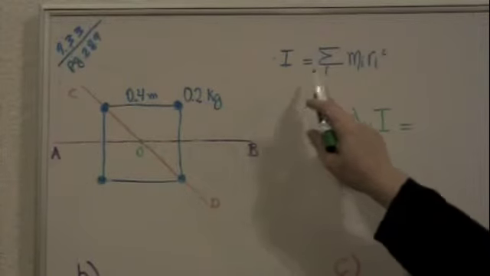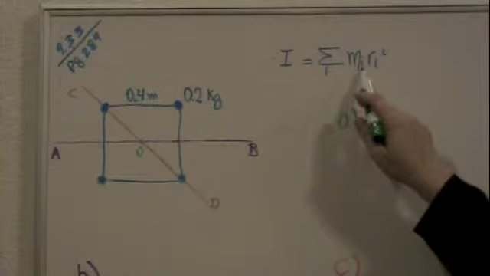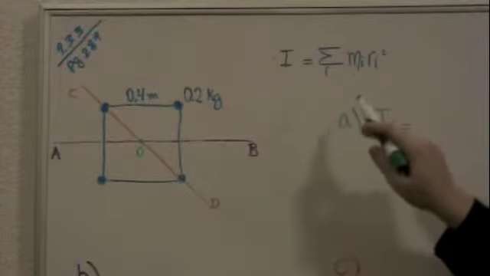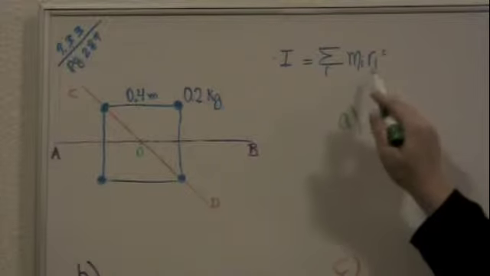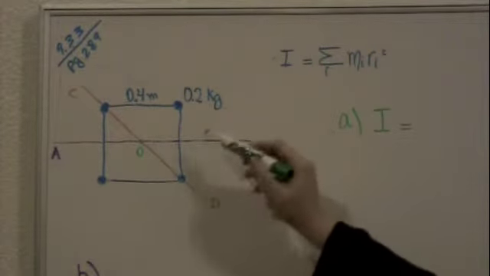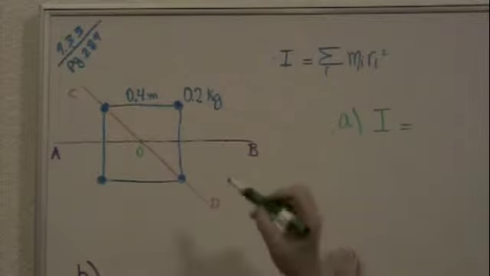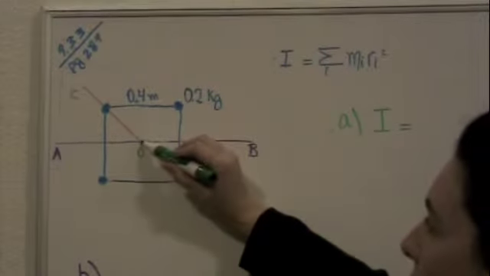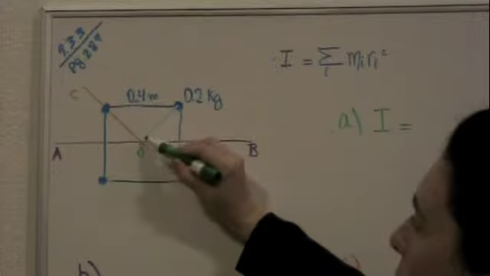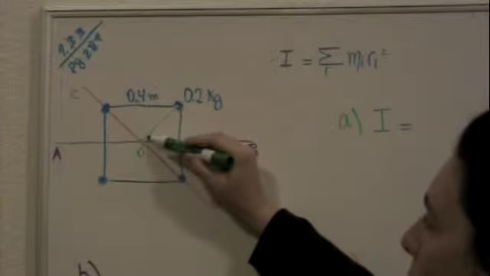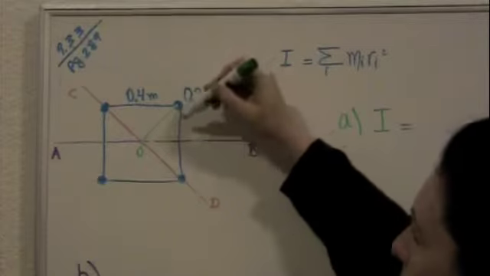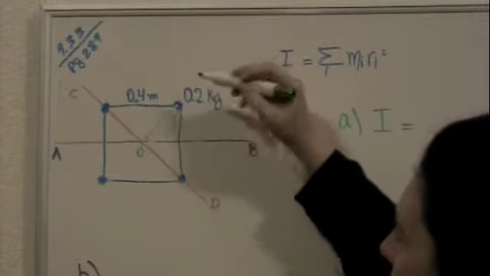Moment of inertia is the sum of the product of the mass times the distance squared from the axis of rotation. So in this case, we have four masses that are at a certain distance. All of the masses in this case are at the same distance from O. And if we use a little bit of trigonometry here, we'll use this green triangle right there.